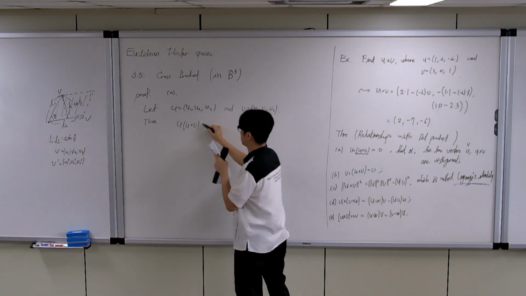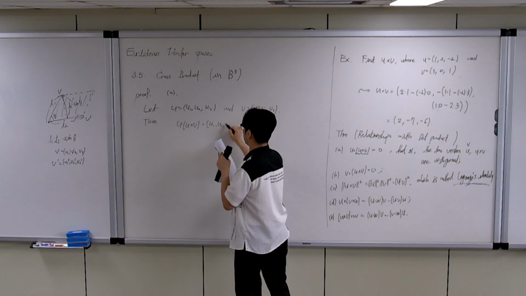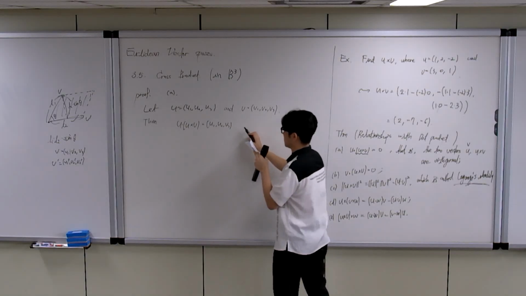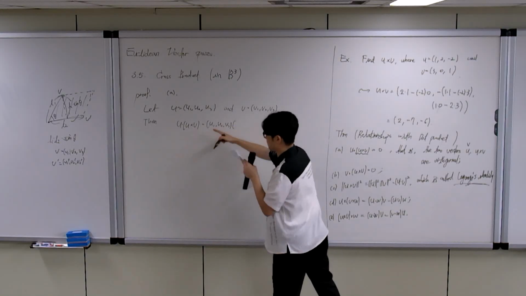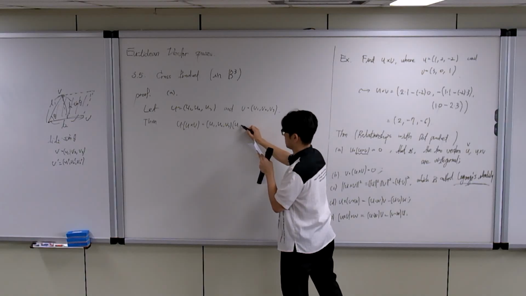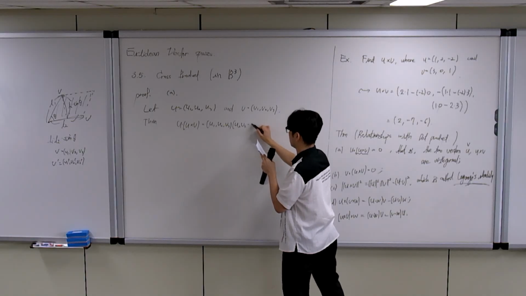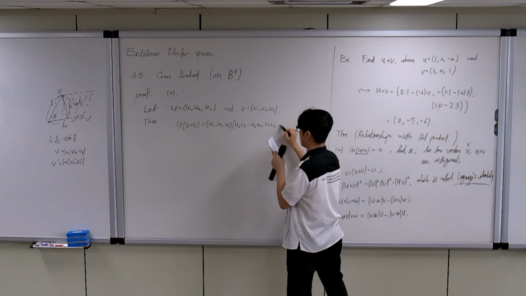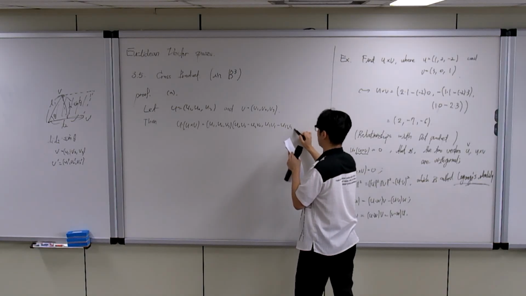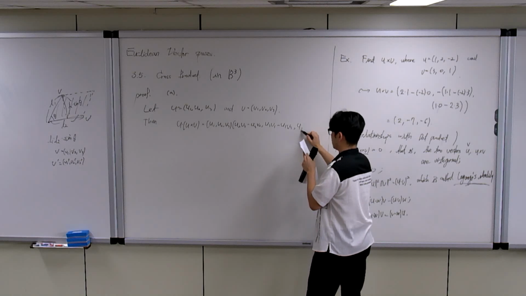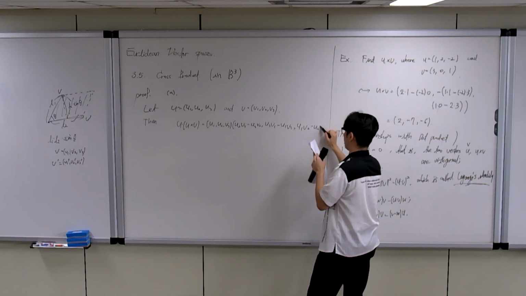U is U1 U2 U3, and by the definition, U cross product V is U2 V3 minus U3 V2, U3 V1 minus U1 V3, U1 V2 minus U2 V1.